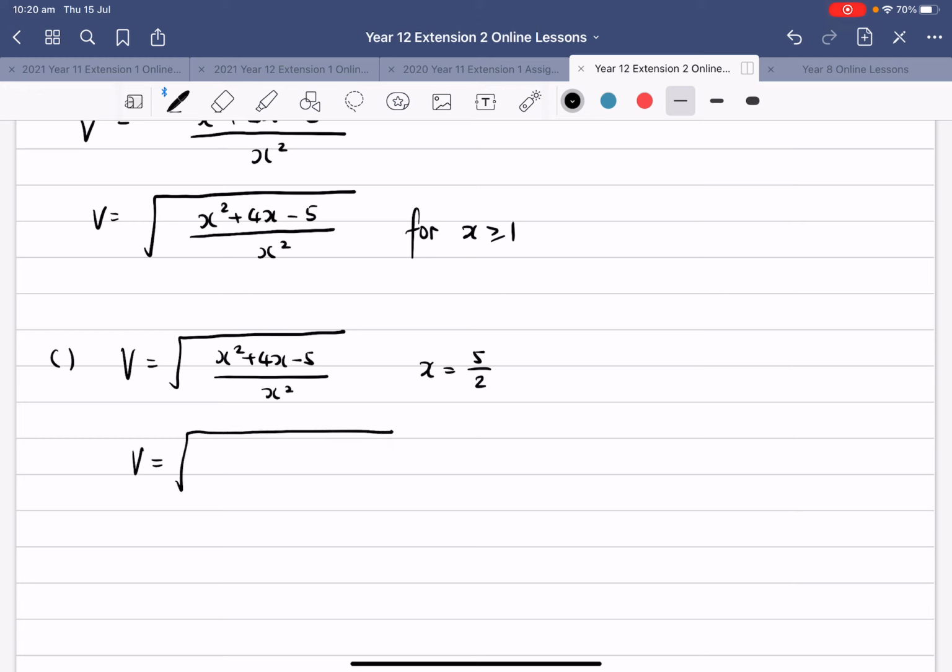So if we substitute 5 on 2, I'm just using my calculator to do the calculation here. Okay, the answer is equal to 1.34. So it's a pretty small number here.